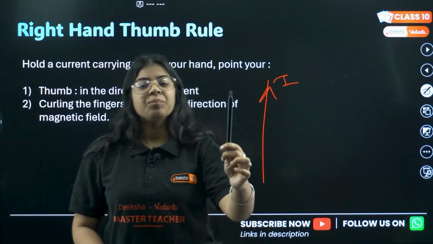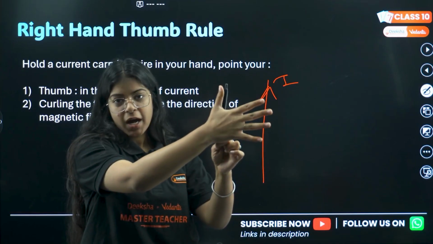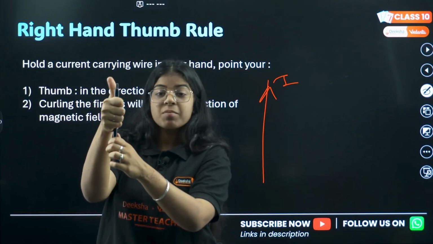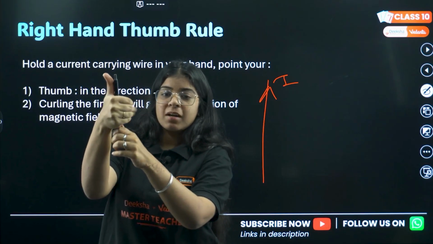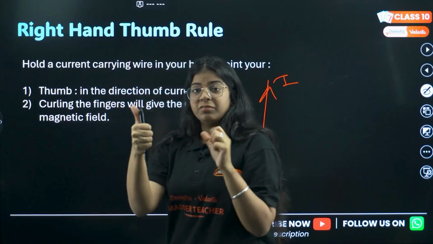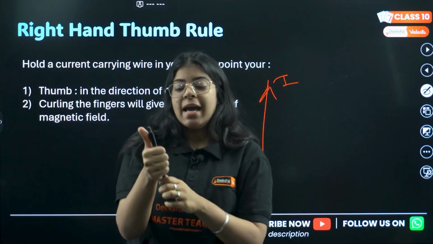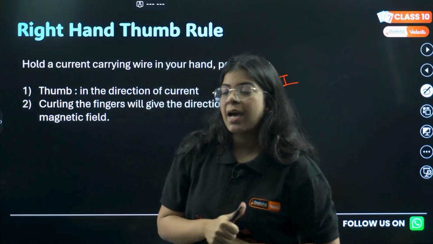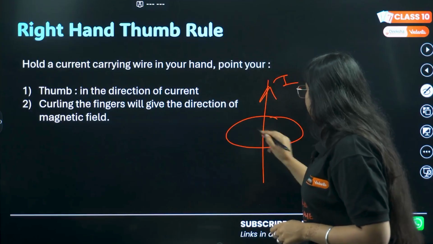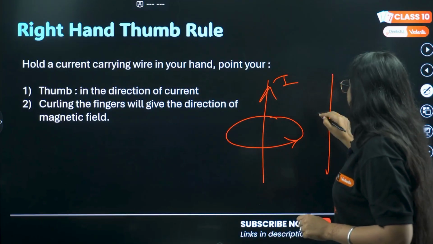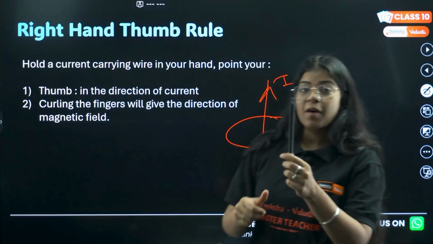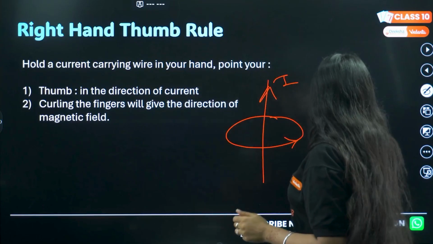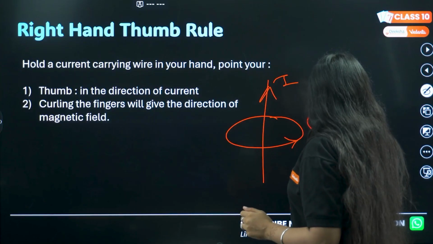If I place my thumb in the direction of current and curl my fingers around the wire in which the current is running, this curling will give me the direction of the magnetic field. This will be the direction of magnetic field if my current is going downwards. Now instead of upwards, I'll place my thumb like this and it's coming out of the plane. So this will be my magnetic field.